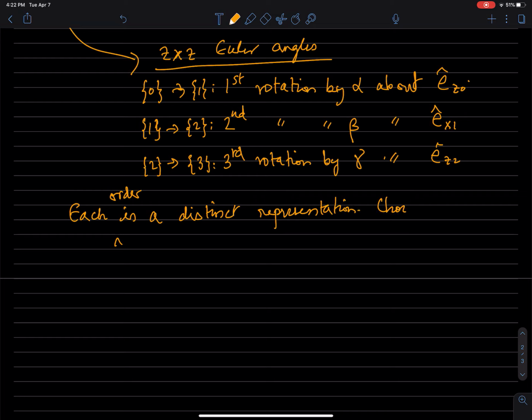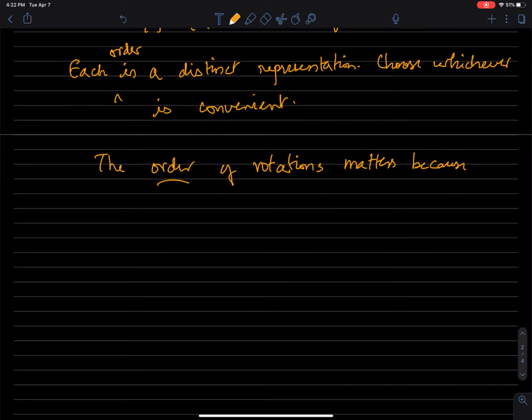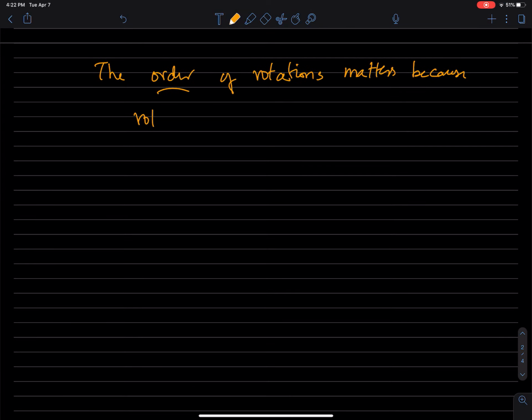Choose whichever is convenient. The order of rotations matters because rotations are not commutative, right?